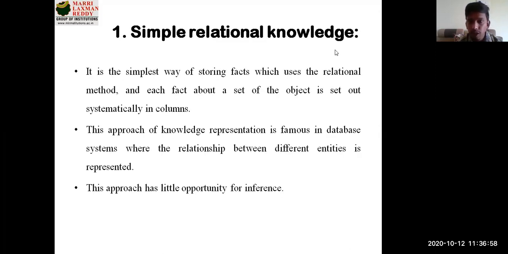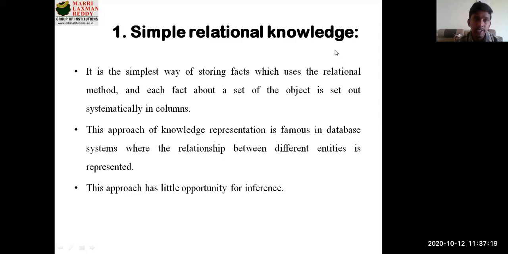It's about following some structure, like what we learned about different types of data storage in your RDBMS. In the same manner, we will try to store facts using the relational method, and each fact about a set of objects is set out systematically in columns.